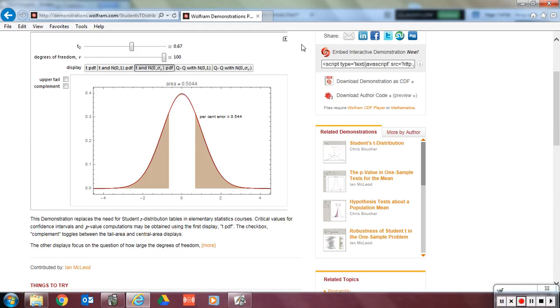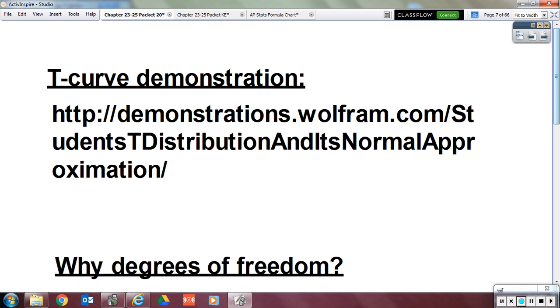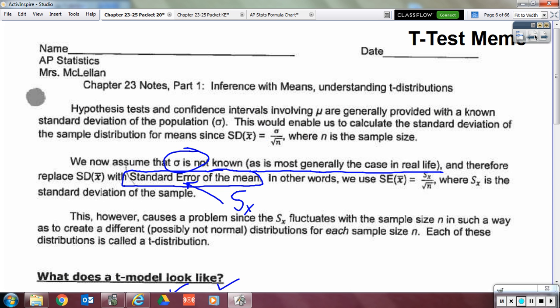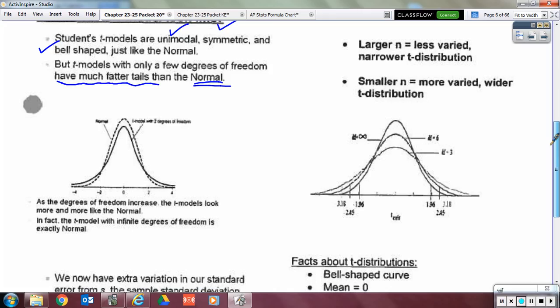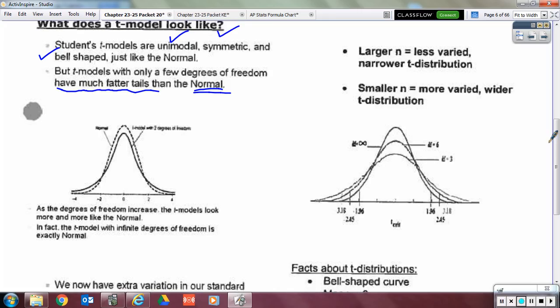All right, so in summary, so far, we've talked about how we have to use the sample standard deviation. Because we have to use the sample standard deviation, we have a new curve. It's the t-curve, okay? If n is bigger, then it is not as varied, and it's getting closer to the normal curve. But if n is smaller, then it's much more varied, which is natural.